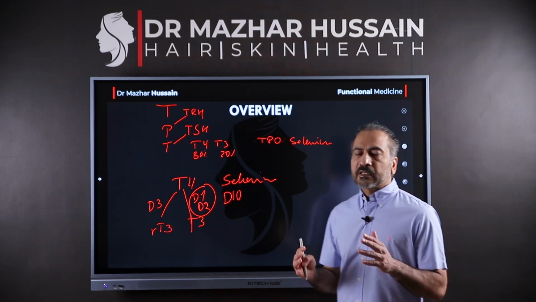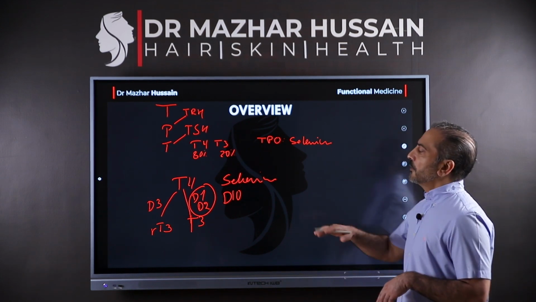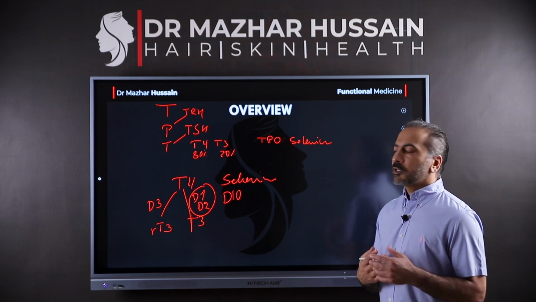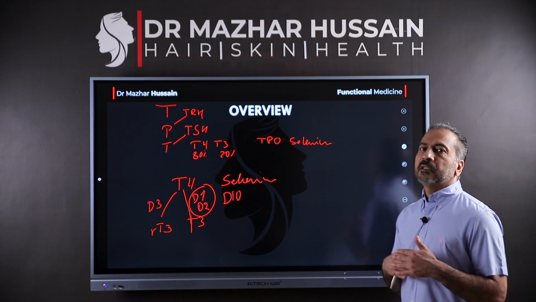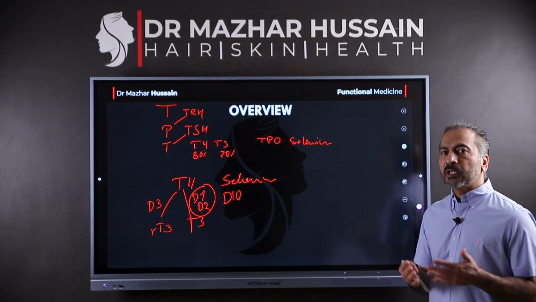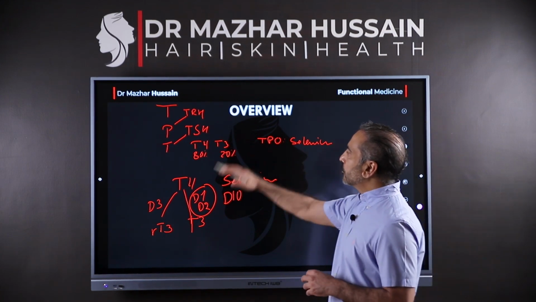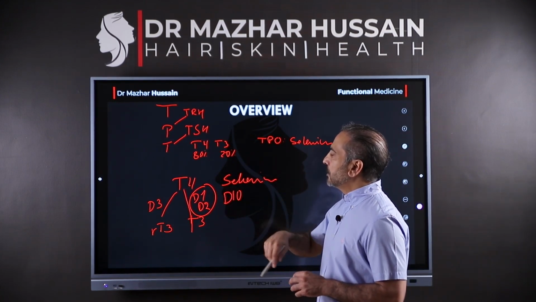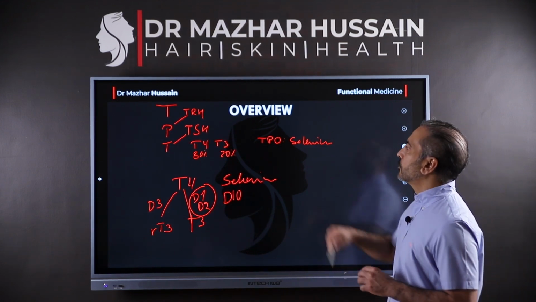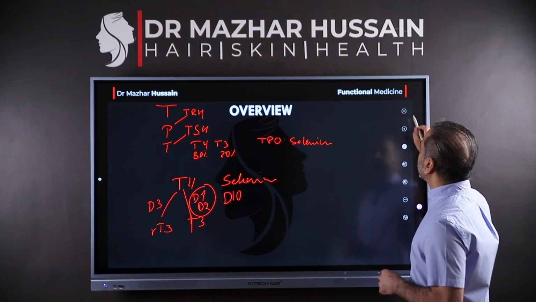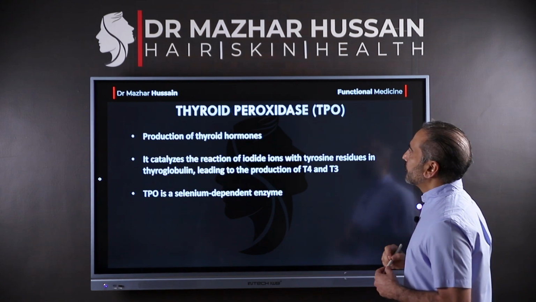If the receptor site is lacking, say, vitamin A, if it's lacking vitamin D, or if there are other micronutrients that are needed for the function of T3 that are not present, you could still have a situation where the cell is not stimulated properly despite the presence of thyroid hormones. So anything could go wrong here. The TPO and the deiodinases activity can go down due to the lacking or insufficient presence of selenium. So let's go into further details.